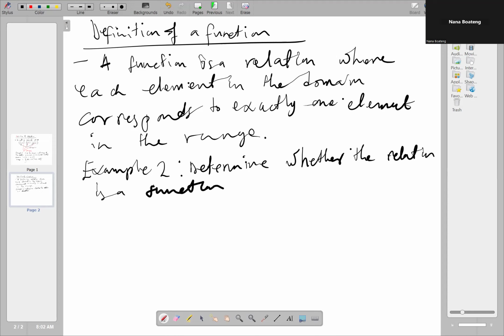The relation is (1, 2), (3, 4), (6, 5), and (8, 5).